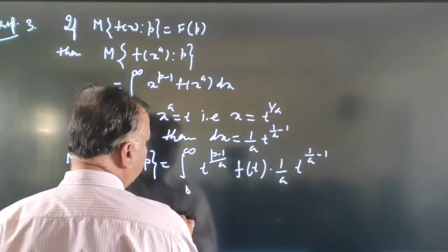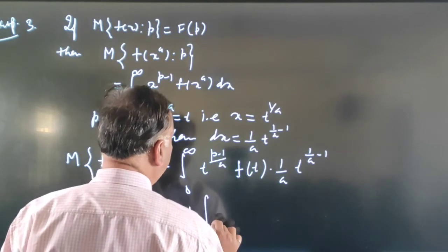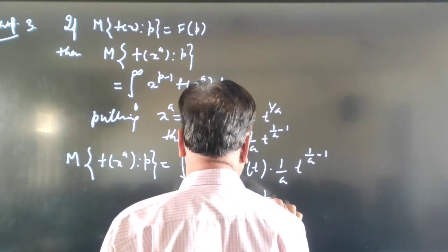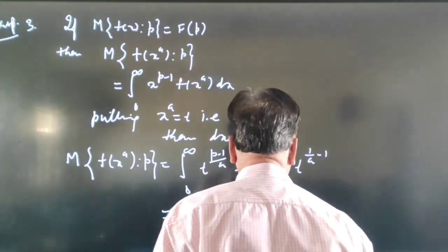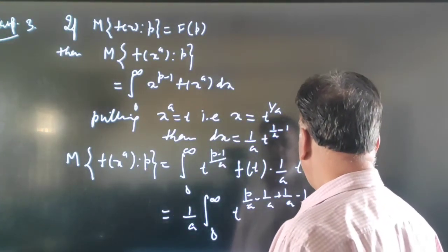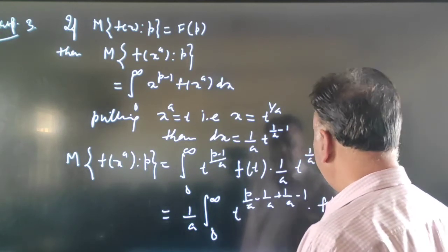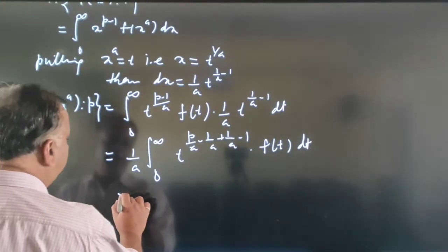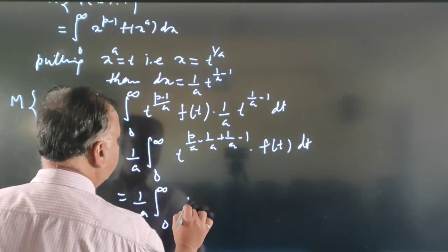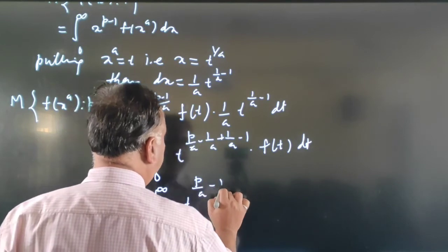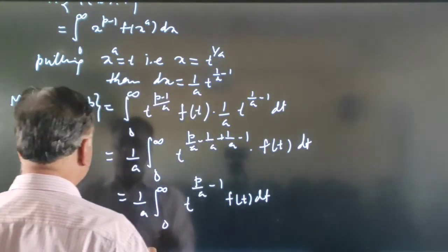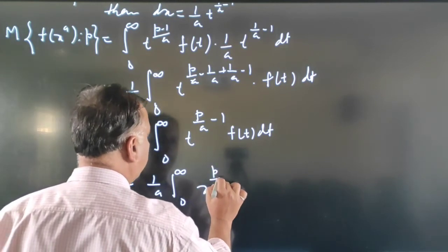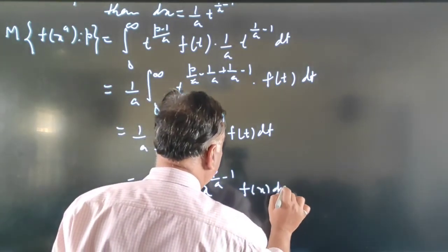So we get here, taking 1 upon a outside, the integral from 0 to infinity of t raised to p upon a minus 1 upon a plus 1 upon a minus 1, into f(t) dt, or this can be written as 1 upon a, the integral from 0 to infinity of t raised to p upon a minus 1, into f(t) dt, or this can be written as 1 upon a, the integral from 0 to infinity of x raised to p upon a minus 1, f(x) dx.